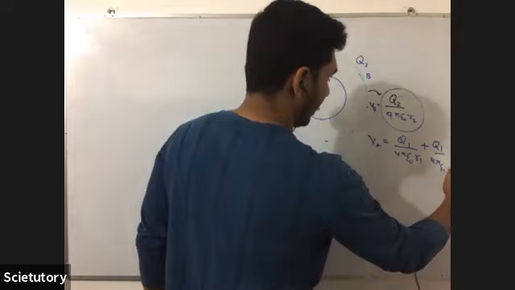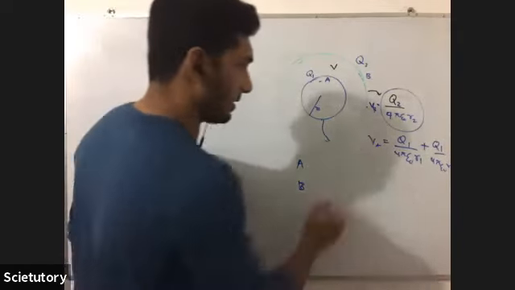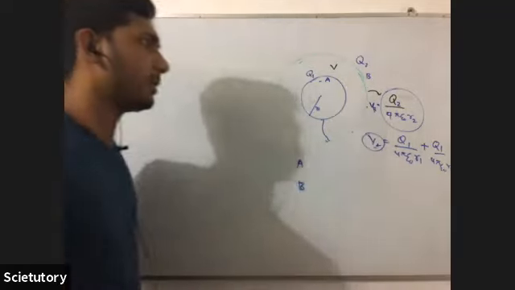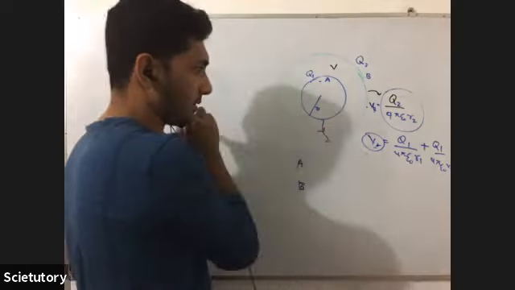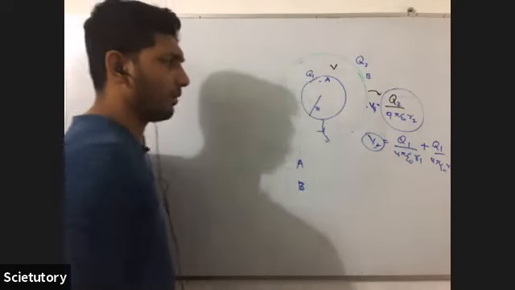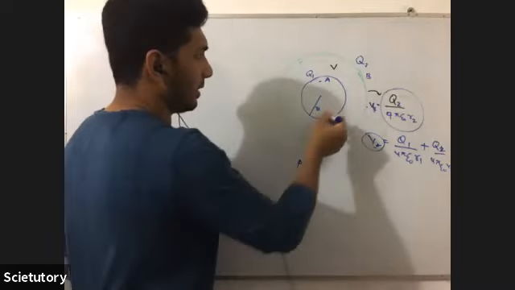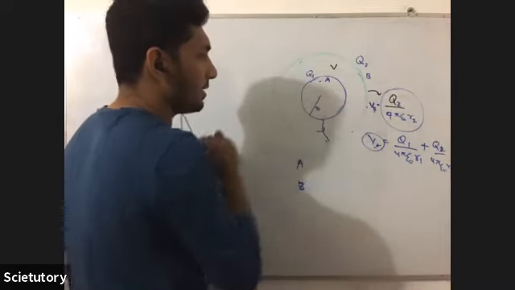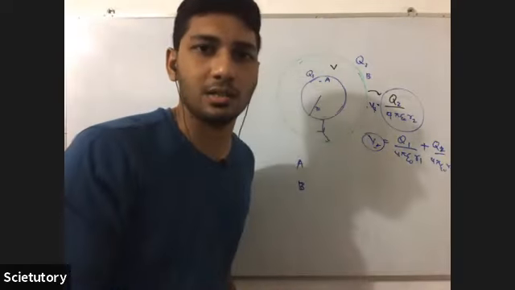Q2 over 4 pi epsilon naught R2. So when you connect these two, obviously VA will always be higher than VB. So it will transmit charges to B. Sorry, this should be Q2. The charge will flow until A becomes uncharged. Why?